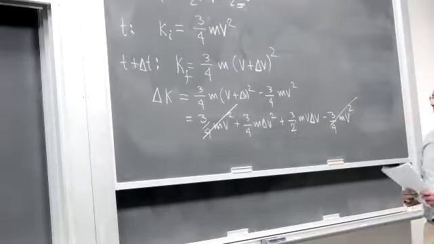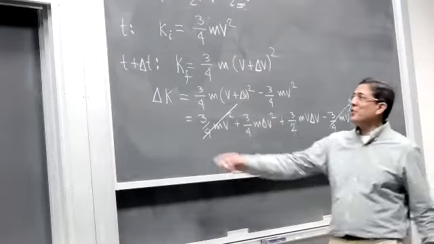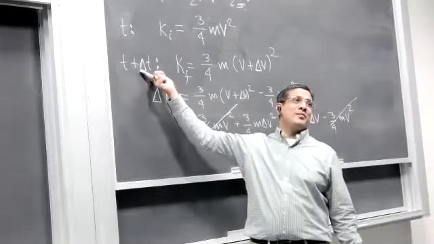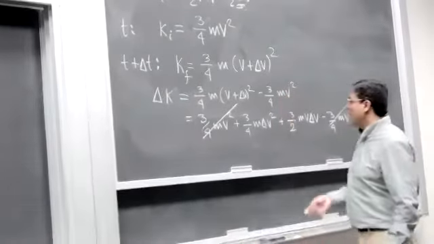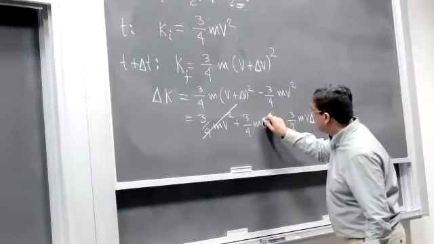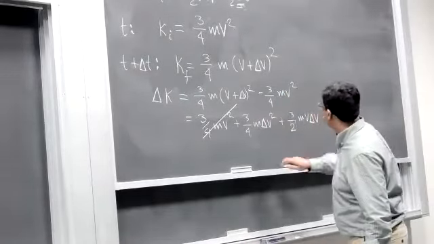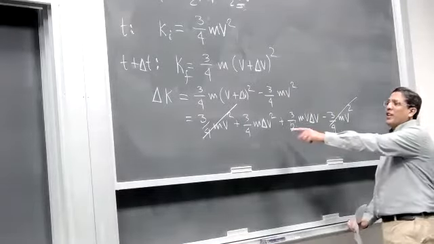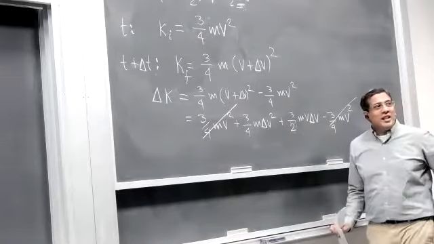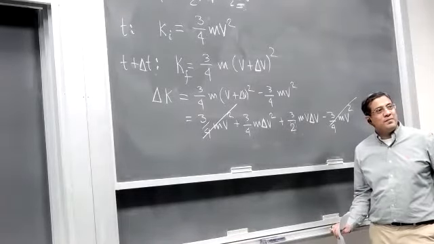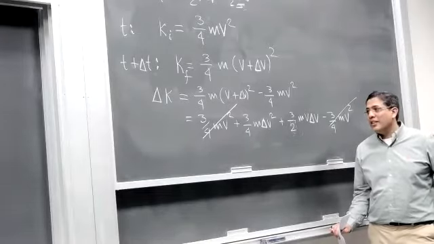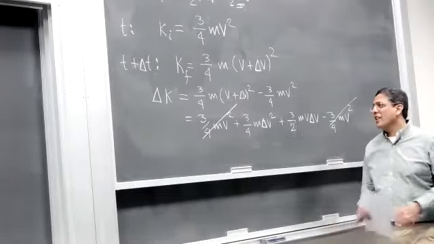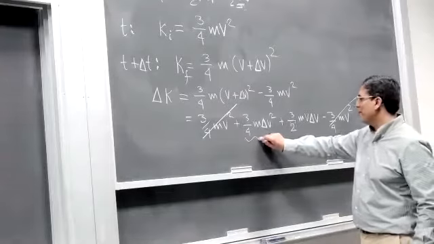And now here we're going to make an approximation, because this delta t is very, very small. What that means is delta v is very, very small, no? If you take the square of a small number, it becomes even smaller. Okay, so we ignore this term.